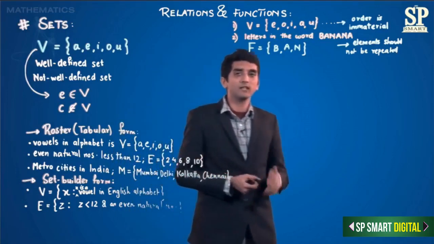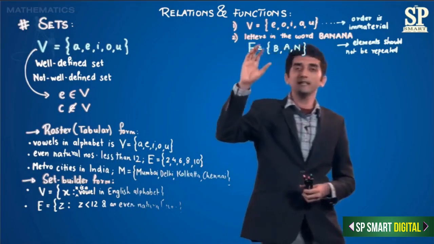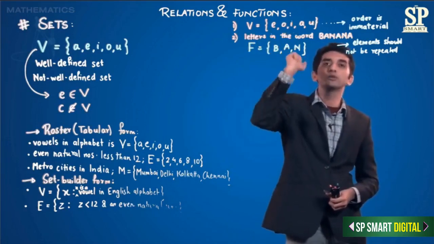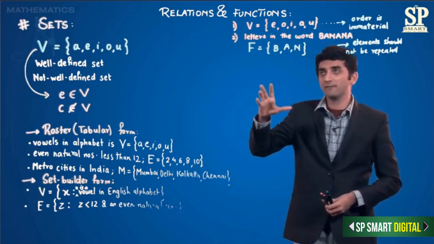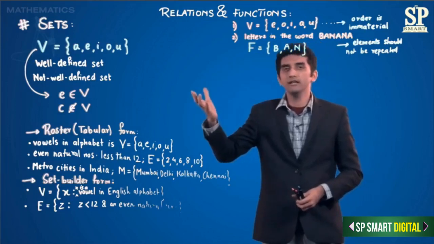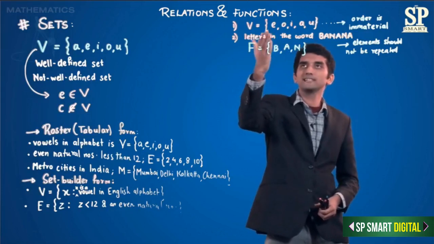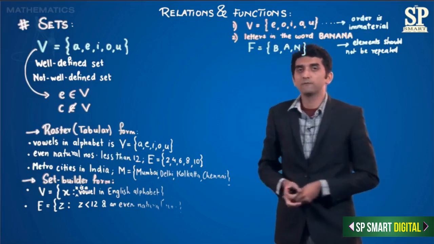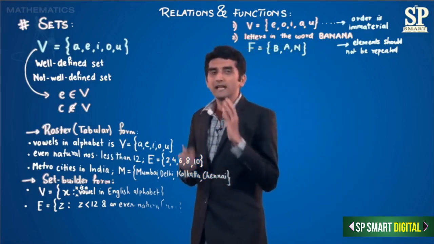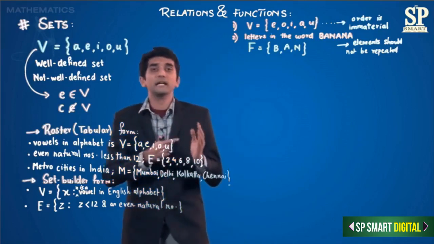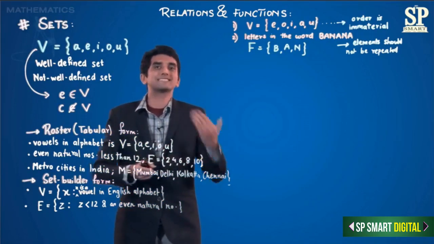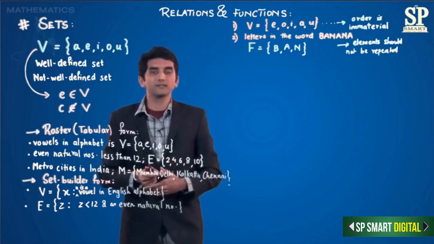A subset would be basically another set which is smaller to this set. So let's say if I have a set V1, V subscript 1, and if I have 2 elements out of this, E and O, right? So if V1 is equal to E and O, only these 2 elements, then V1 will be called a subset of this particular set V.